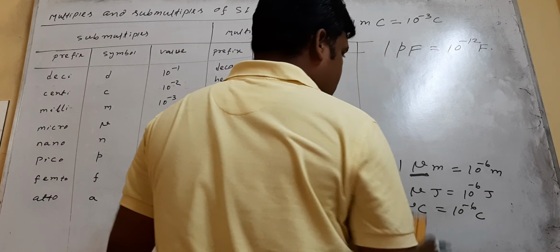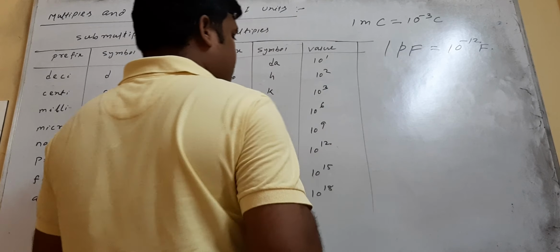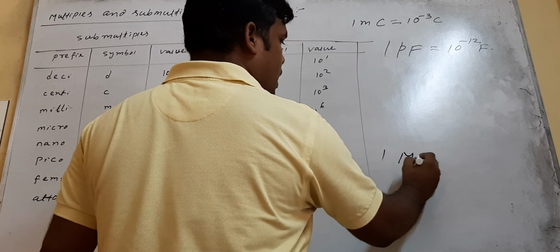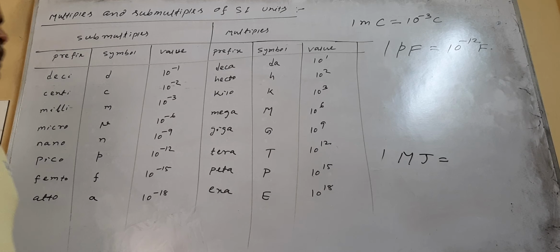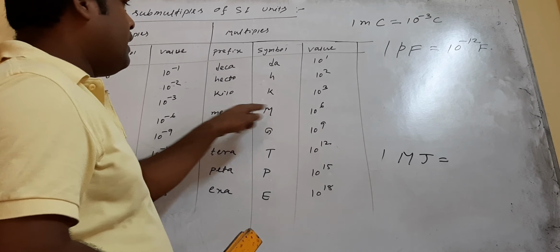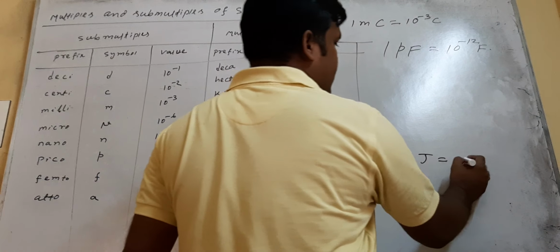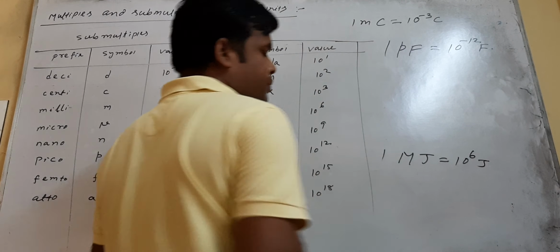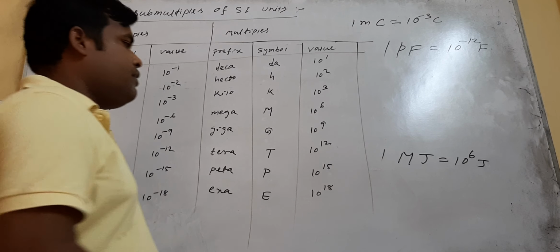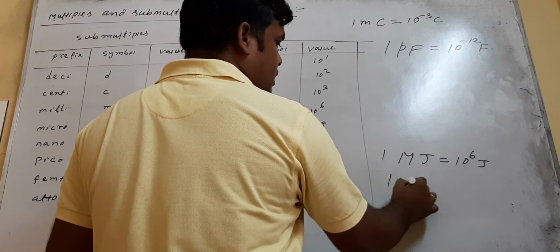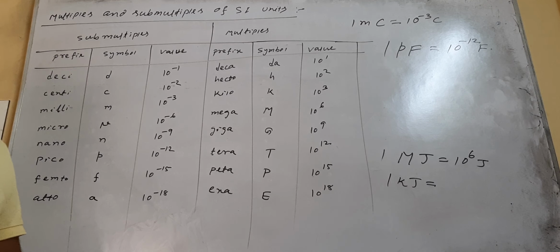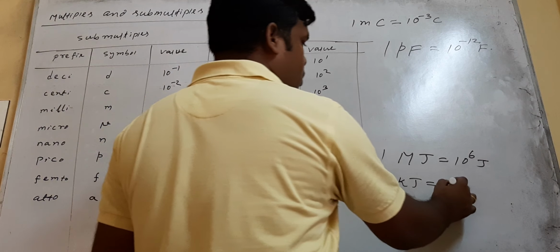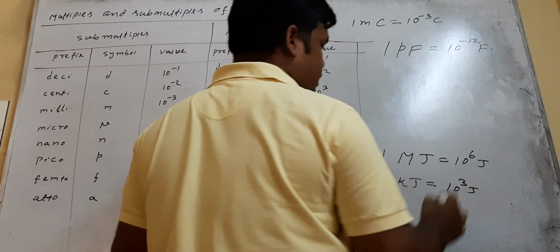Similarly, if you write 1 capital MJ, it means megajoule, mega, that is 10 to the power 6 joule. If you write 1 small kJ, it means kilojoule, 10 to the power 3 joule.